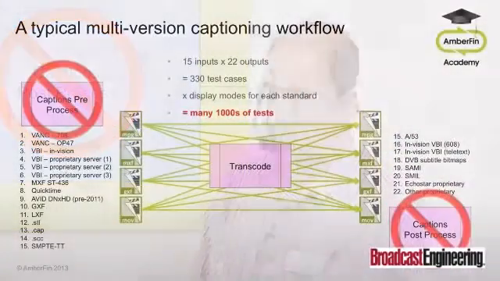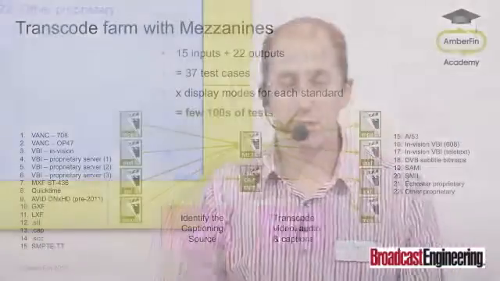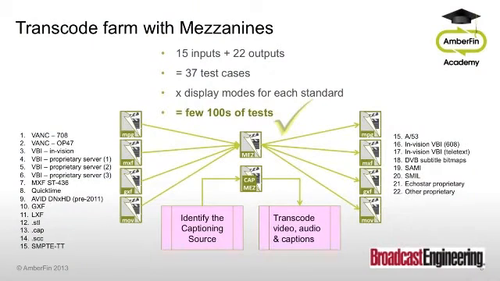So if we add all these fantastic new captioning formats in here as inputs and outputs that are commonly used and often deployed as kind of pre-processes and post-processes, we end up with thousands of different transcode combinations that are complex and again completely untestable. So at Amberfin, the same thing happened. We applied the same mezzanine principles to our captioning workflows, and we utilized a mezzanine captions format in the heart of the process, and not as a pre or post process.